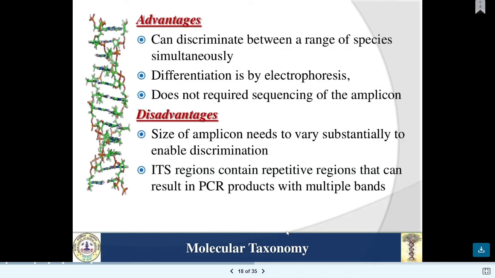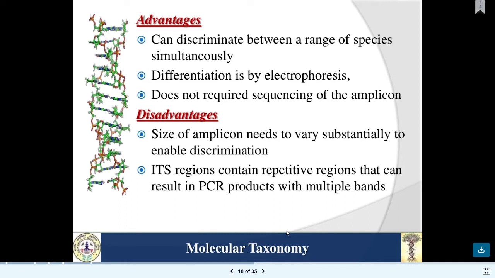There are advantages, like discriminating between a range of species simultaneously. Differentiation can also be done by the electrophoresis mechanism, and we can identify them that way. It does not require sequencing of the amplicon. There are disadvantages too: the size of the amplicon needs to vary substantially for discrimination.